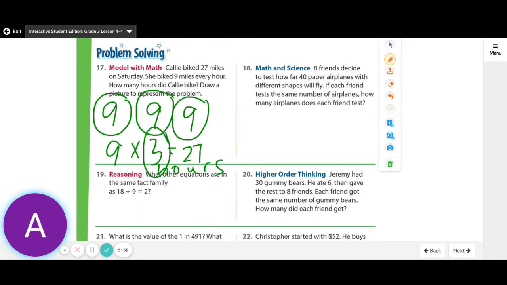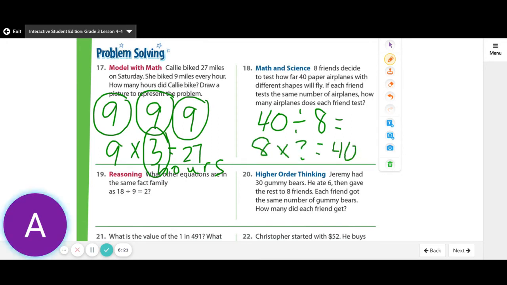Number 18, 8 friends decide to test how far 40 paper airplanes with different shapes will fly. If each friend tests the same number of airplanes, how many airplanes does each friend test? Remember, with division, we always start with that biggest number, so we do 40. And there's 8 friends, so we do 40 divided by 8 equals, and we can think about 8 times what equals 40.